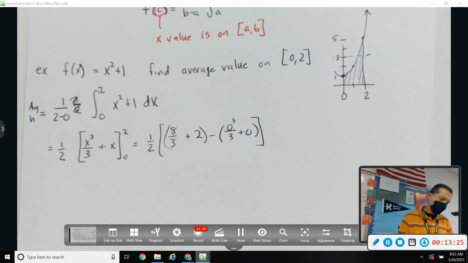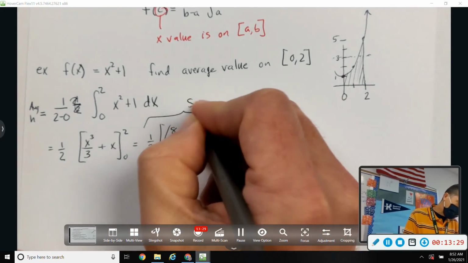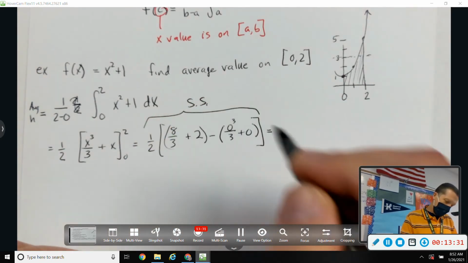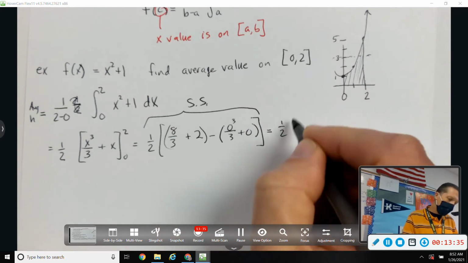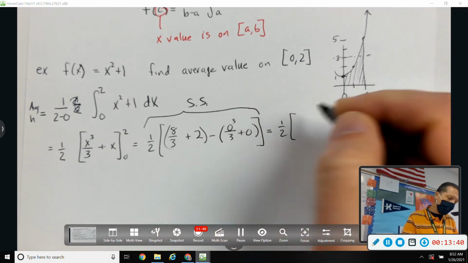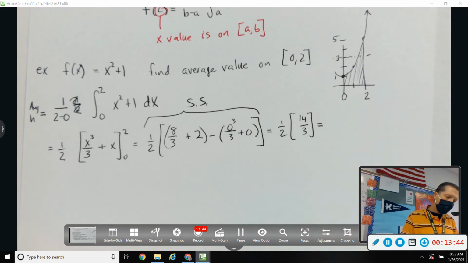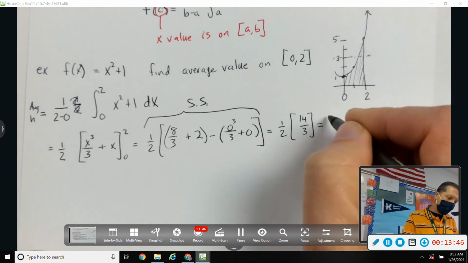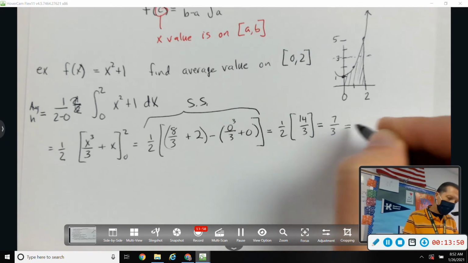We want to know what the answer is here. Let's see. 8/3 plus 2 would be 8/3 plus 6/3, 14/3, times 1/2 would be 7/3, and that would be what, 2 1/3?